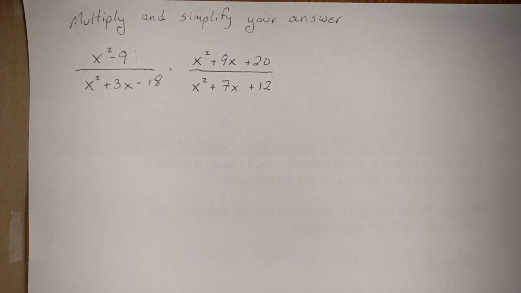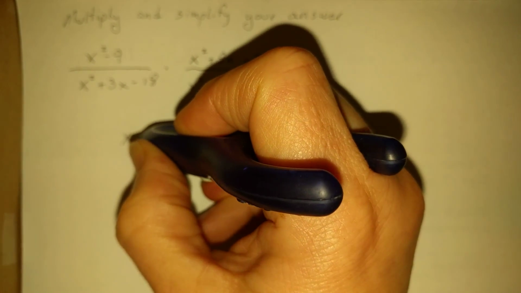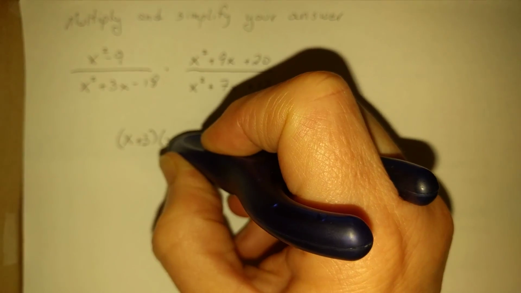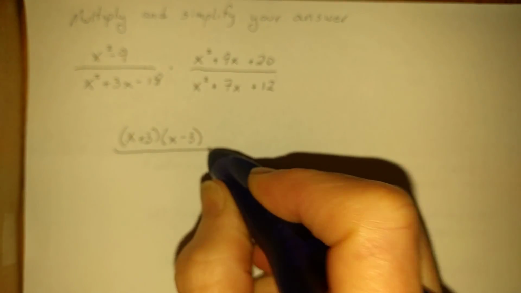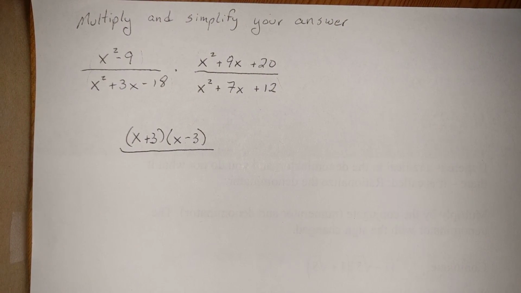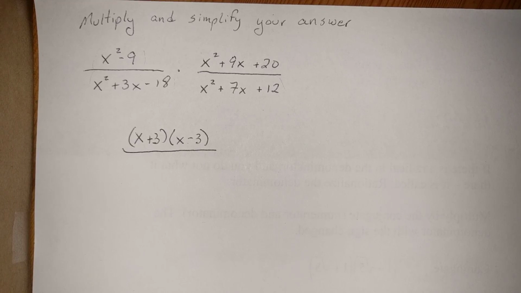So when I start with x squared minus 9, I see that's the difference of squares, so that's x plus 3 times x minus 3. And then I have x squared plus 3x minus 18. So I'm looking for factors of 18 whose difference is 3.